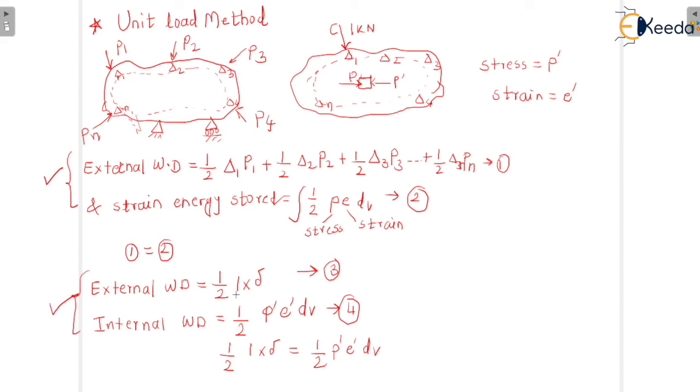Now if this P system of forces is applied in addition to this unit load, what will be the change in these equations? For external work done, we will simply add this particular factor. So let me write it here.